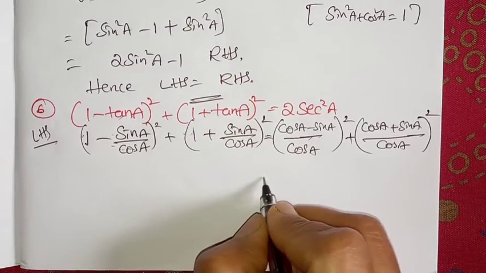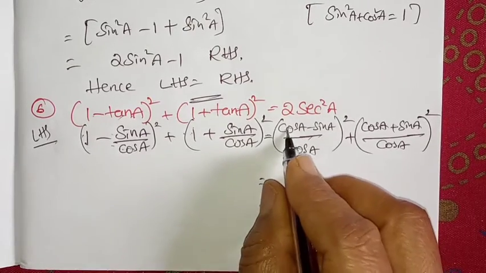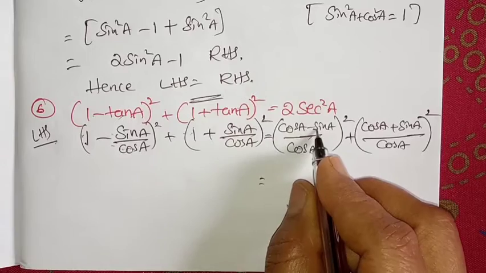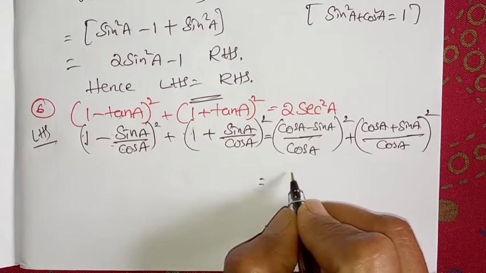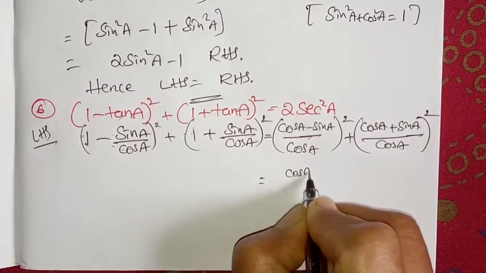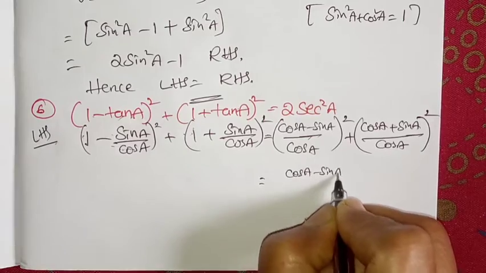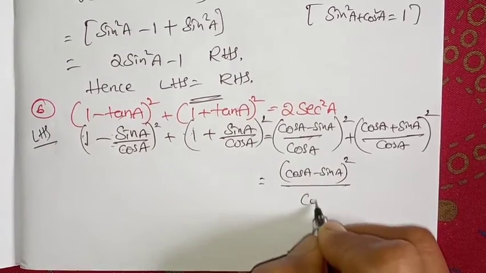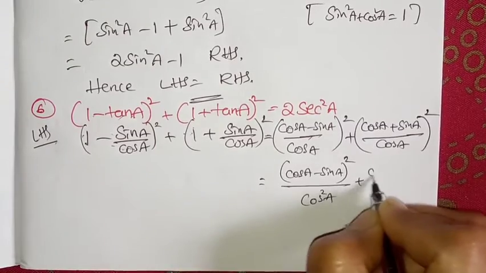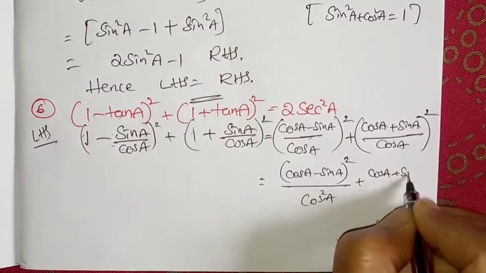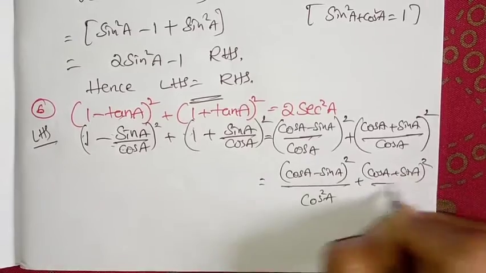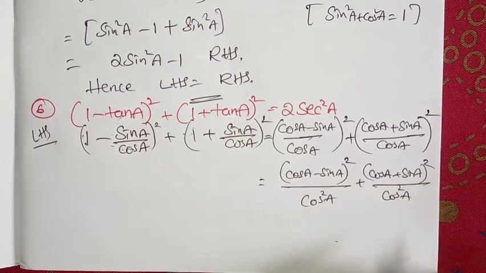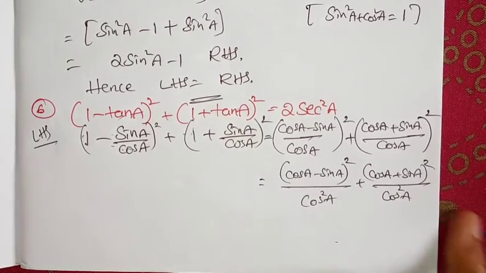Now this is (cos a - sin a)^2 by cos^2 a plus (cos a + sin a)^2 by cos^2 a.